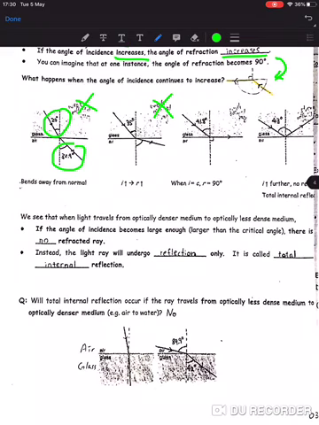You don't need to know this part yet. And in here, if you carry on increasing from 20, it increases to 35. So this angle here, you see, is getting bigger and bigger. So when you increase this angle to 41.8 degrees, what we talked about on top will happen.